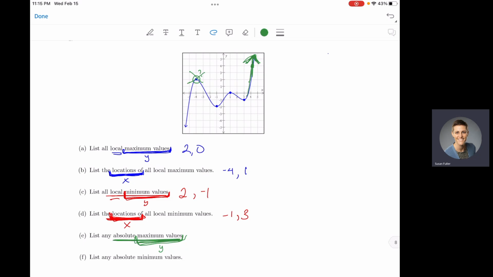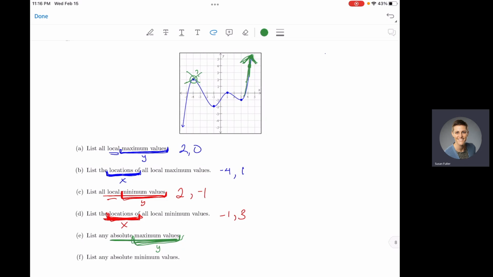But y equals infinity is an idea. It's not a value that this function is ever actually going to hit. There's always going to be another point that's higher than every point. It doesn't matter how far this function climbs, it's going to climb further. So this actually doesn't have an absolute maximum value. There is not a single highest point that this function hits.